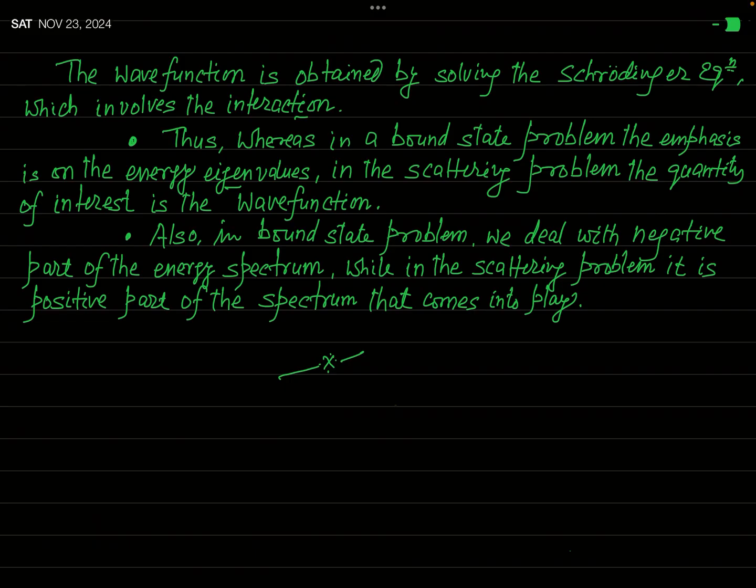But on the other hand, in the scattering problem, the interest centers on the wave function. Here our prime aim will be to find the wave functions. Also in a bound state problem, we deal with the negative part of the energy spectrum, but when you talk about a scattering problem, it is the positive part of the spectrum that comes into play.